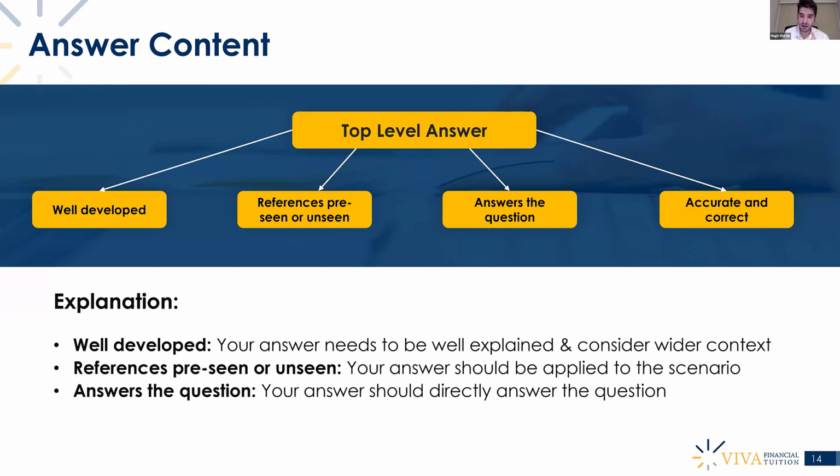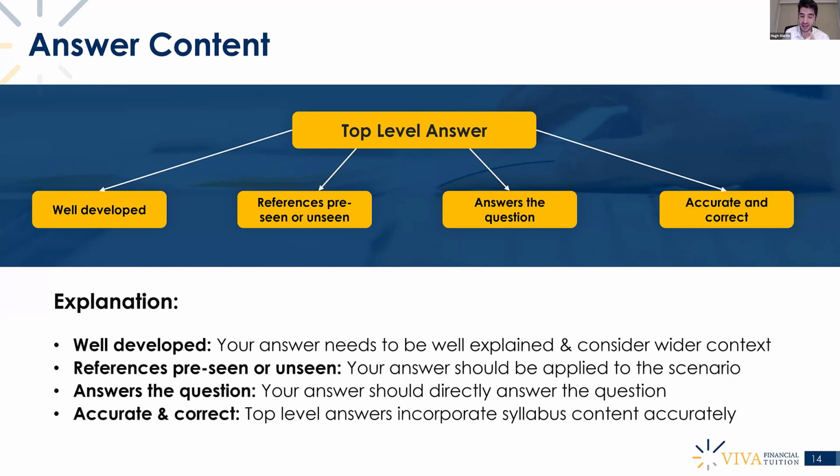And the last one there, it's accurate and correct. That cannot be underplayed. Okay, so top level answers, they know the syllabus inside out, but really it's very important for the technical subjects. And in particular, we're talking about F2 here, where if you are asked questions about financial standards, things that can either be right or wrong, it's very important that you're technically correct and that you are accurate, because that's going to get you the top marks in those types of questions.